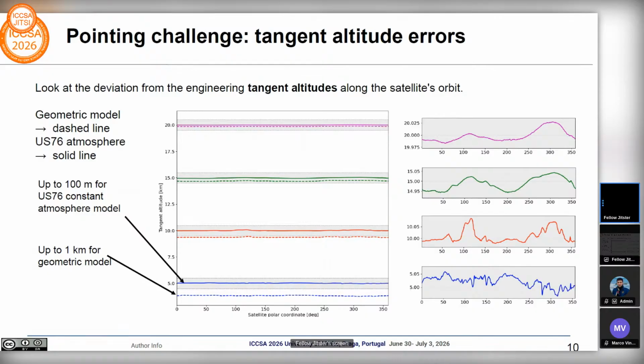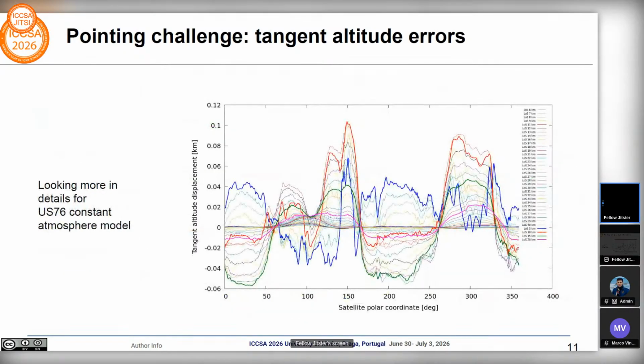When we use nadir angles with this model, we can see that for the geometric model, we can have up to 1 kilometer of difference between the true tangent altitude and the tangent altitude reached with the nadir angles computed with this model. While in the case of constant atmosphere, the displacement is lower, up to 100 meters.